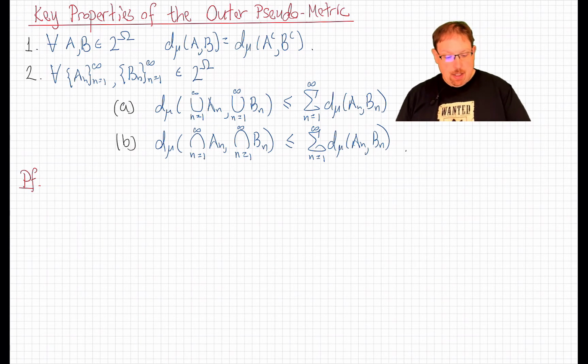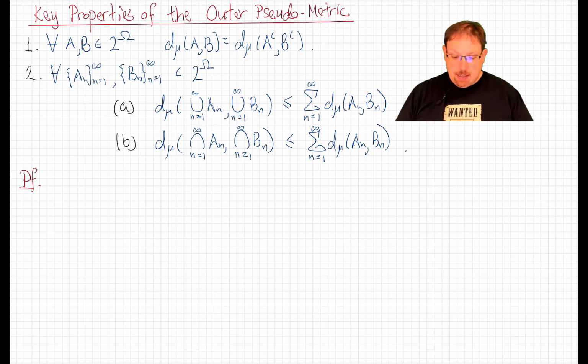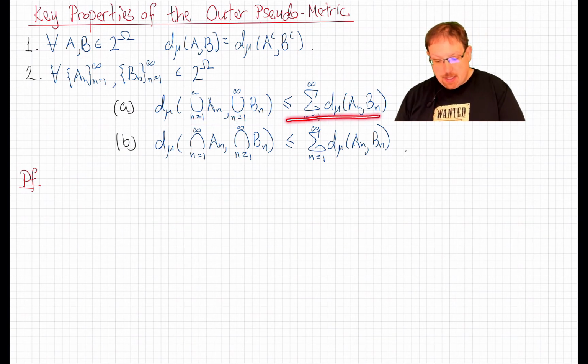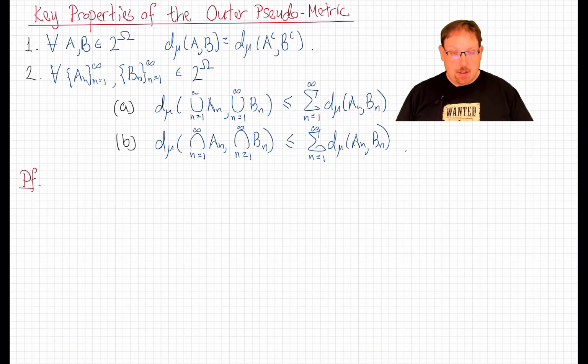And we will see that if I have two countable sequences of subsets of omega, then the distance between the union of the first sequence and the union of the second is bounded by the sum of the distances between the terms of the two sequences. Similarly, their intersections are also so bounded. Let's go ahead and check why these are true.